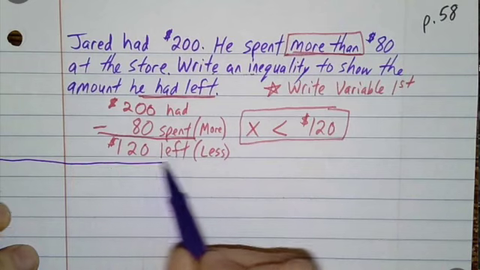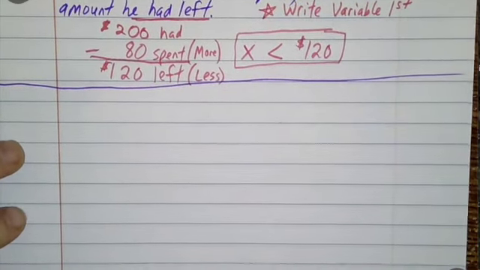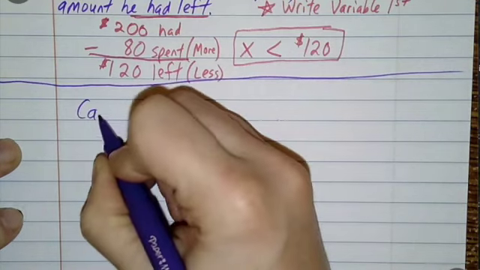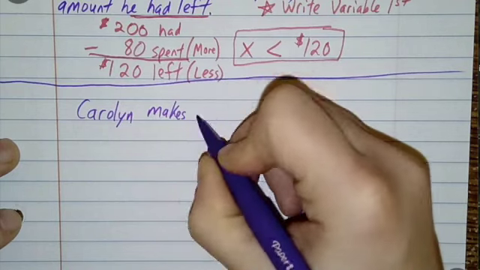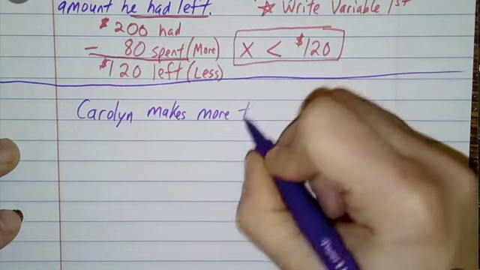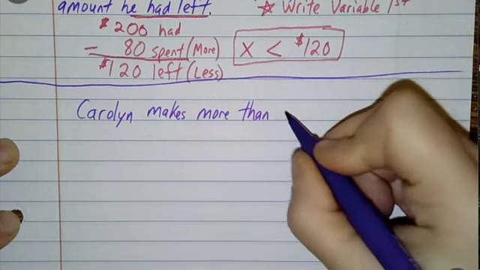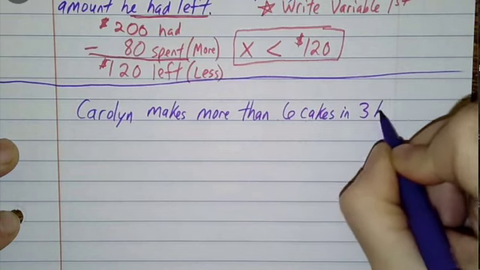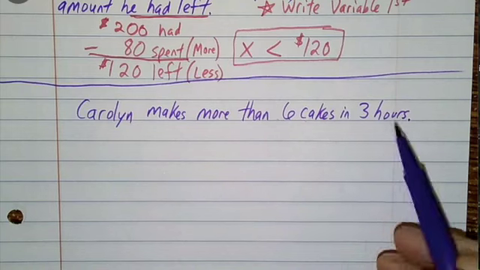Good, let's try another one. You're going to have these on your homework. There's going to be a lot of clues they give you, and you have to write the inequality. Carolyn makes more than, hopefully you're hearing these clue words, 6 cakes in 3 hours. That's a ratio, 6 cakes in 3 hours.